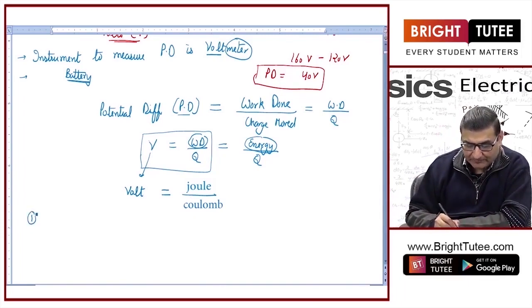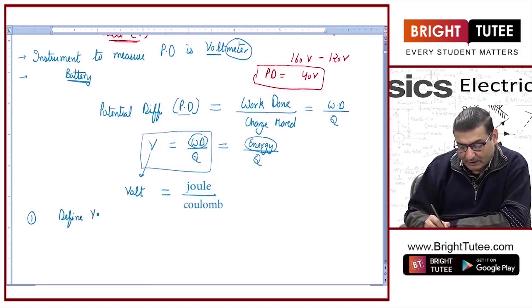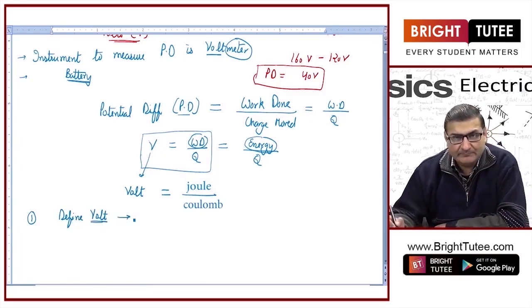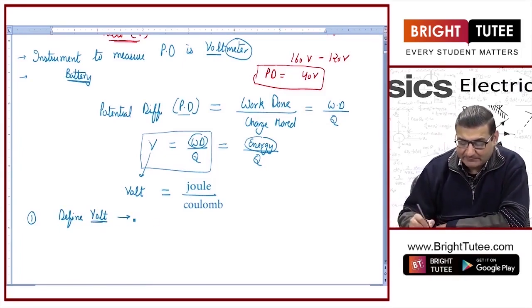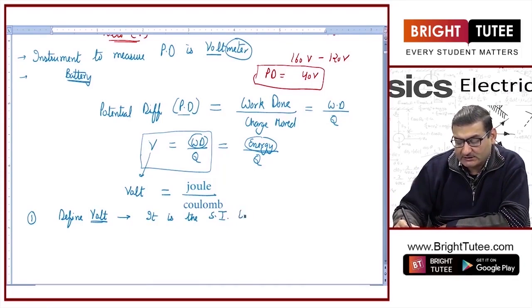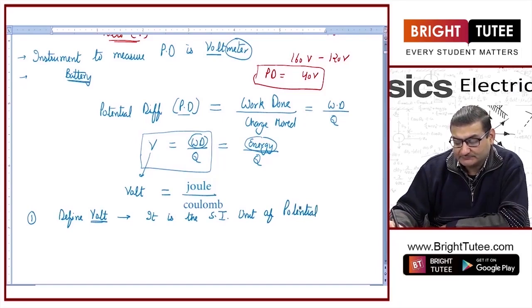The first question that we will be asked is define volts. Now, when I am asked to define a particular SI unit, just the SI unit, I will simply say that volt is the SI unit, standard international unit, of potential difference or voltage. Fine.